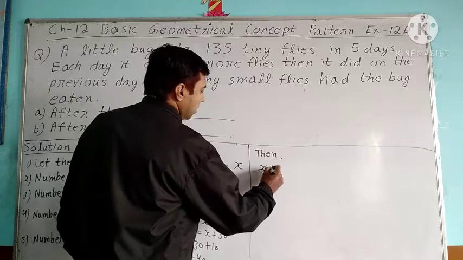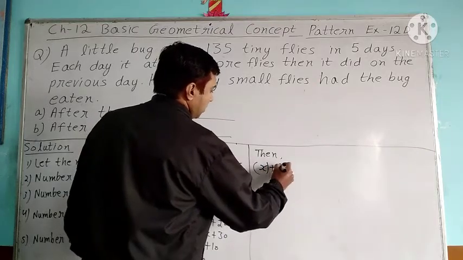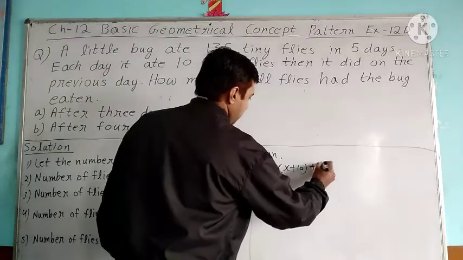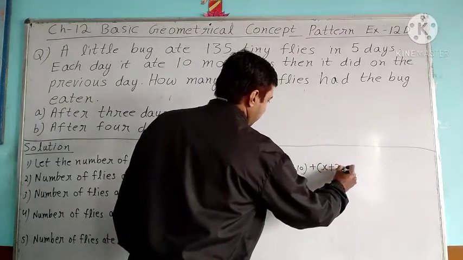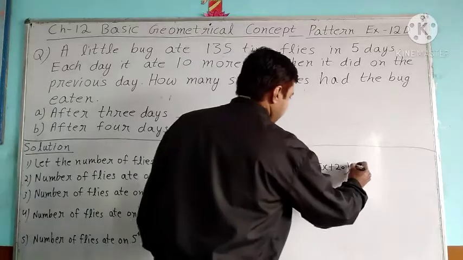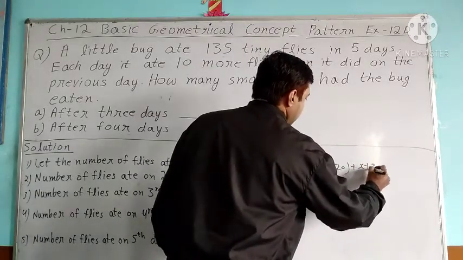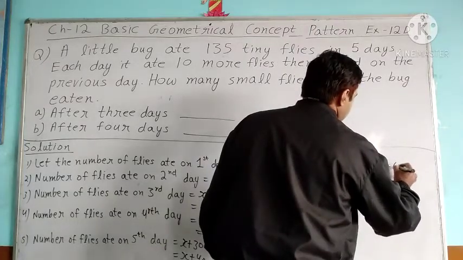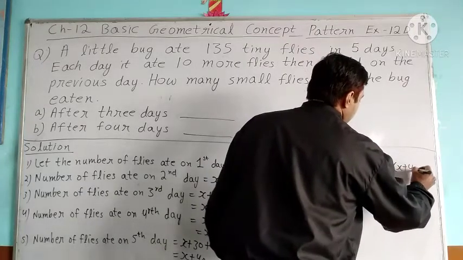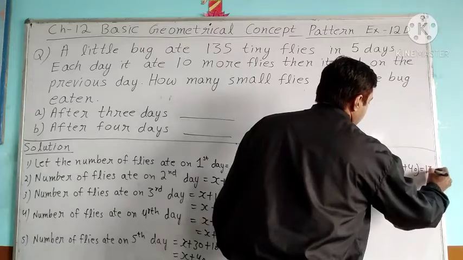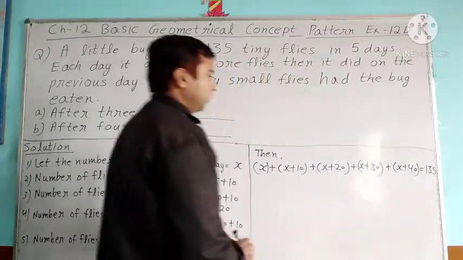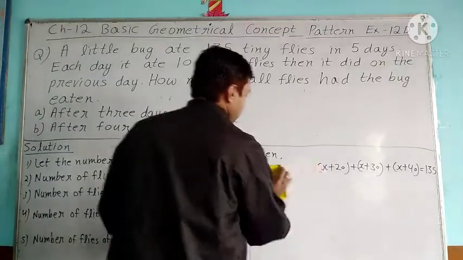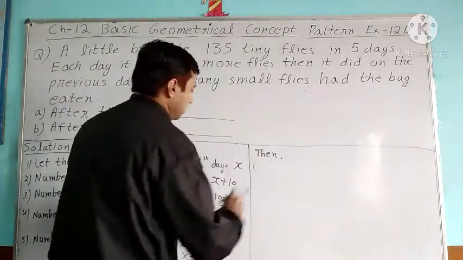So x plus x plus 10 plus x plus 20 plus x plus 30 plus x plus 40 is equal to 135. Clear? If you have a problem, I will write it again.